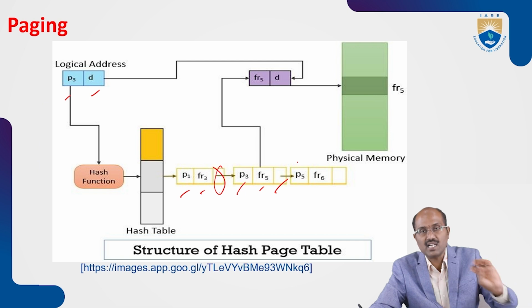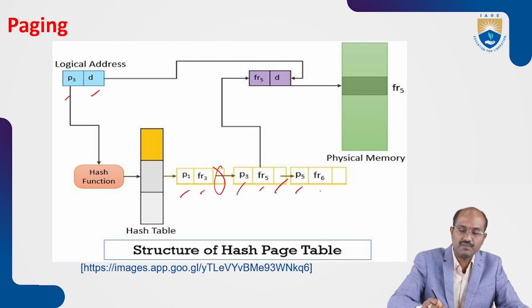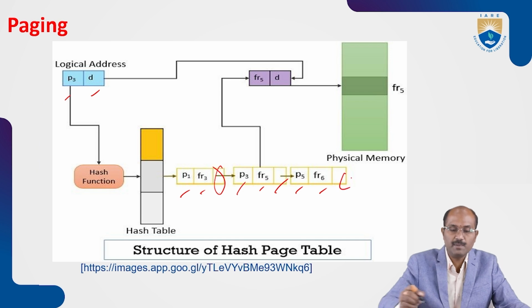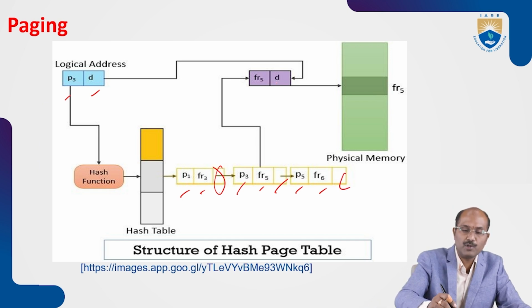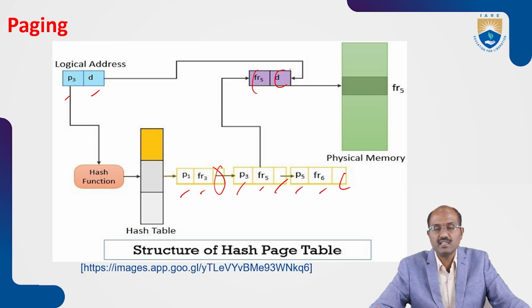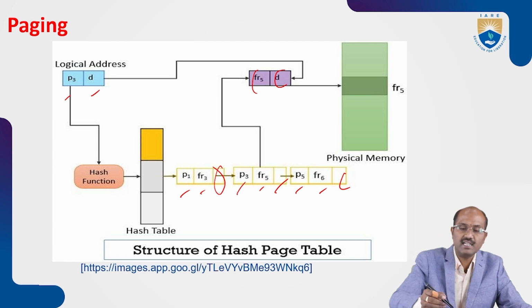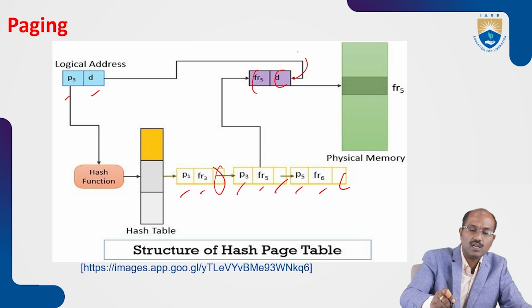That address is mapping to the next node, that is page, frame and address. Then it maps to the corresponding frame number and offset. That offset is referred to the physical memory. Again, that offset is referred to the logical address.